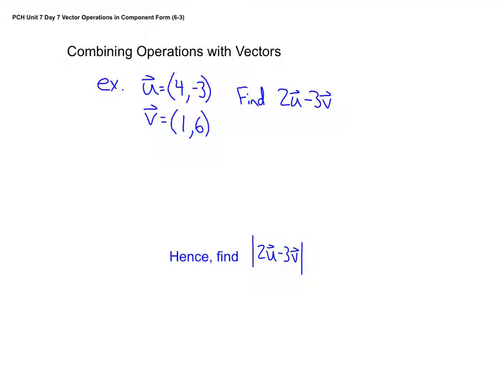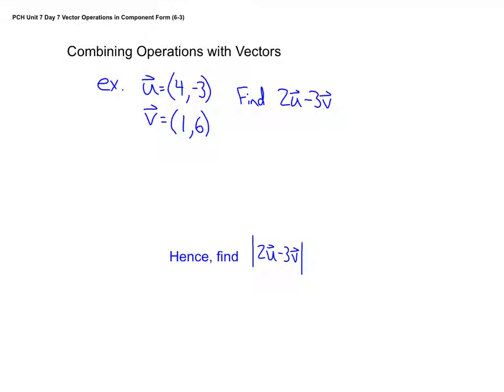So now we just have a couple combinations here. Combinations of vectors. Again, this is something we've done a little bit of geometrically, but really the nice thing about this is that the same order of operations applies here as with regular numbers, okay? So I'm going to do the multiplication first, and then I'm going to do subtraction, okay?